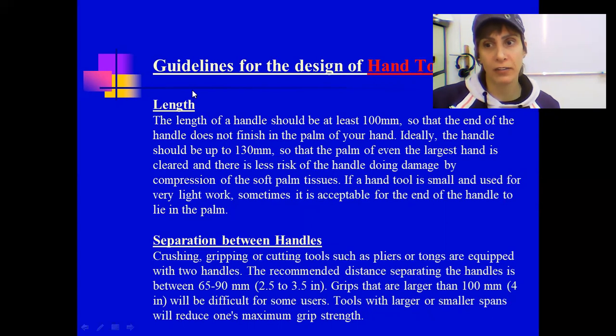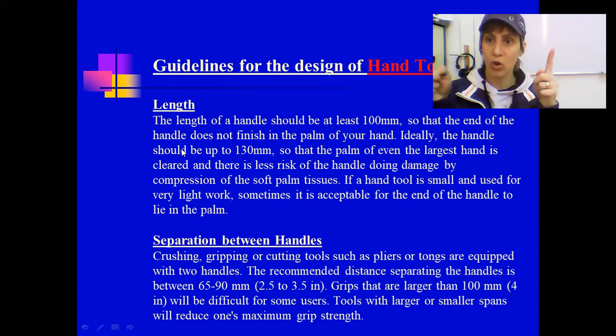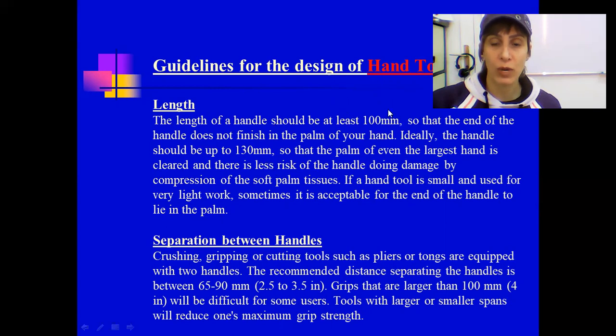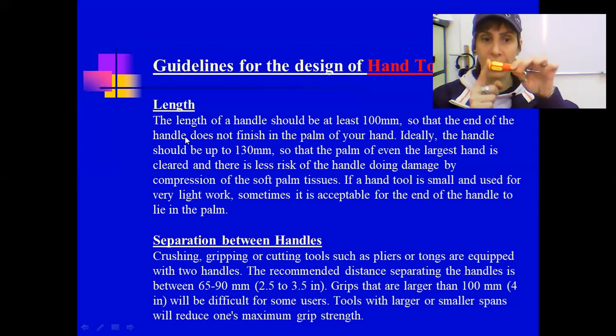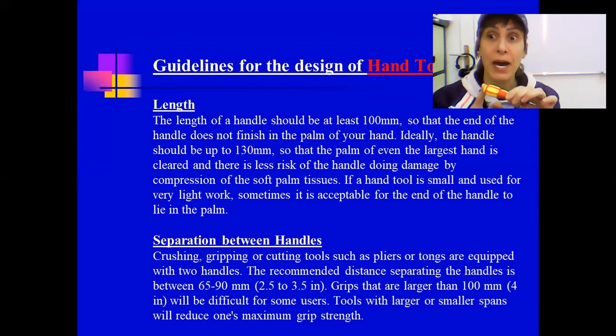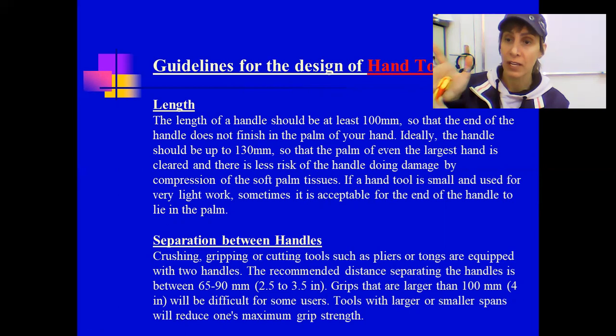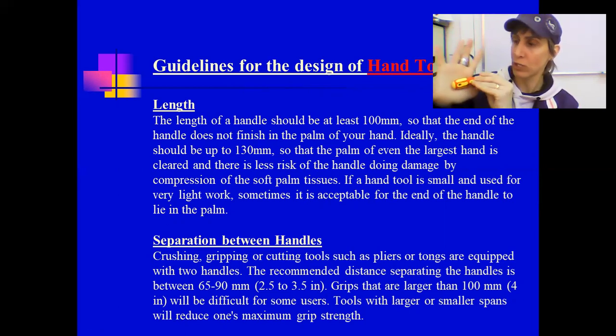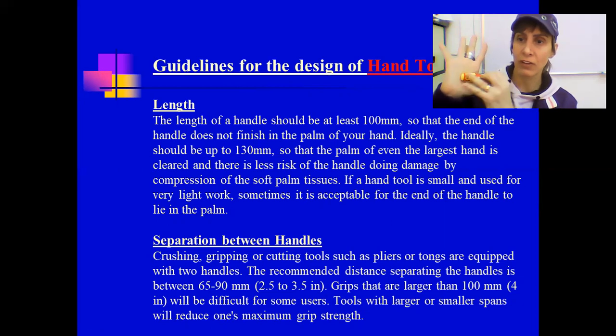Another physical characteristic is length, how long the handle is from here to here. The length of a handle should be at least 100 millimeter, meaning 10 centimeter, so that the end of the handle does not finish in the palm of your hand. This is the palm. If I'm holding it, it doesn't finish here.